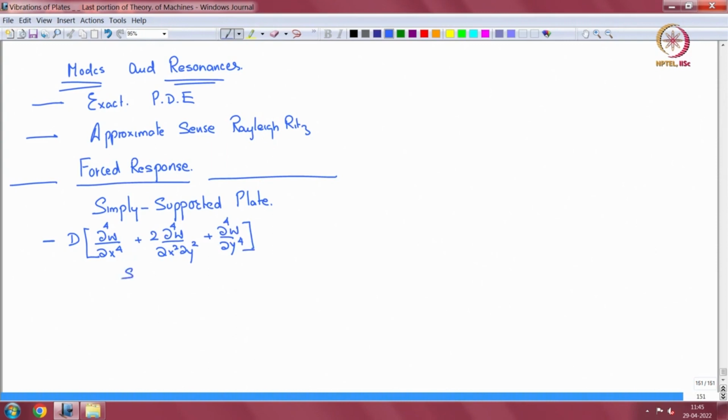This is the spatial operator. Let me call it L3 because it is in the transverse direction, minus rho h w double dot is 0.